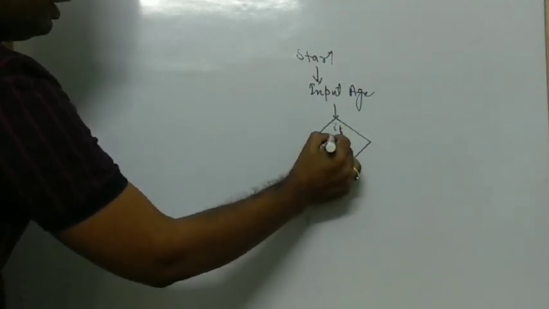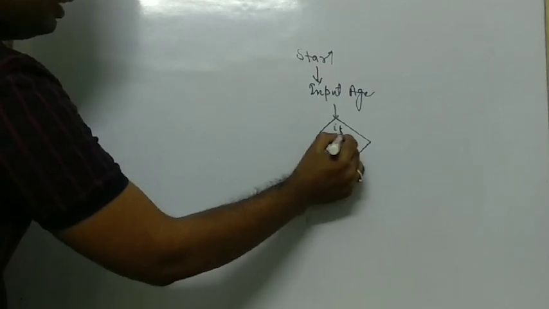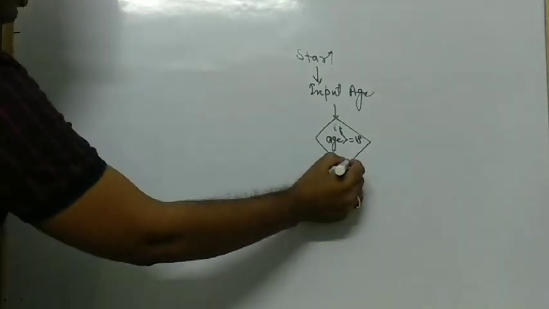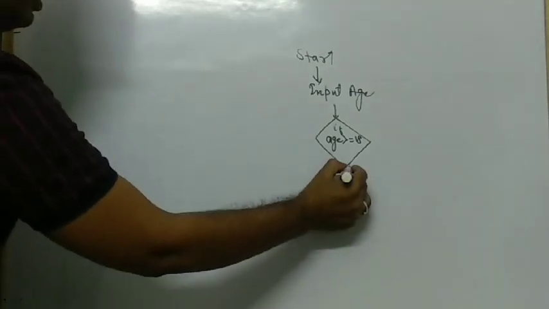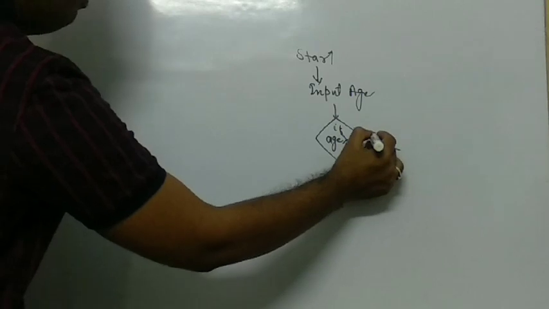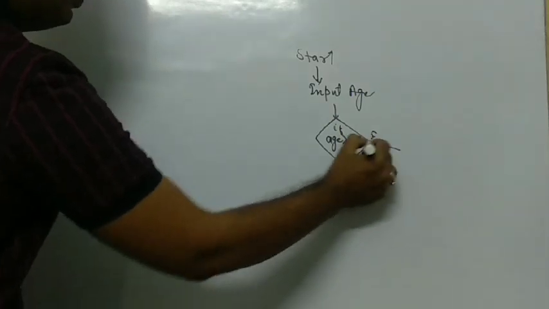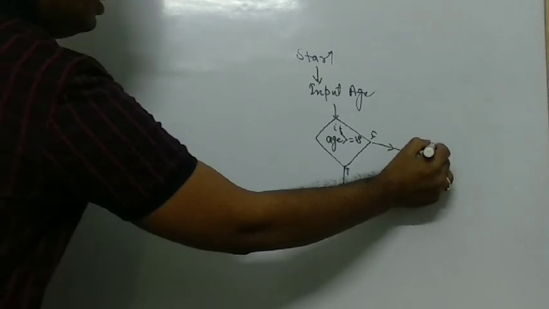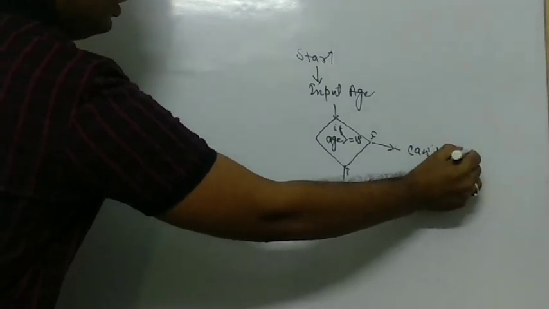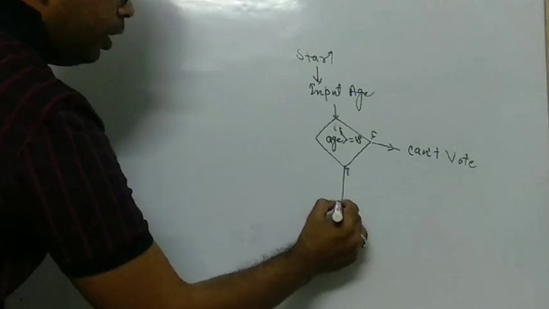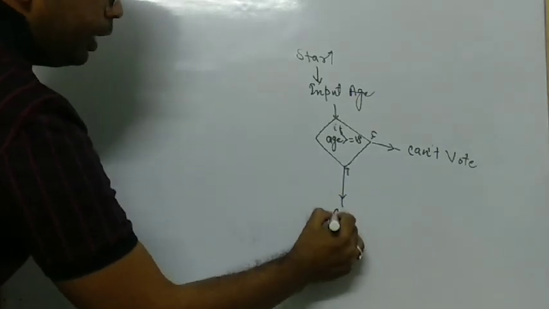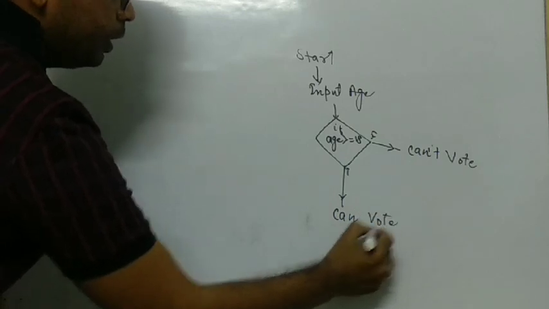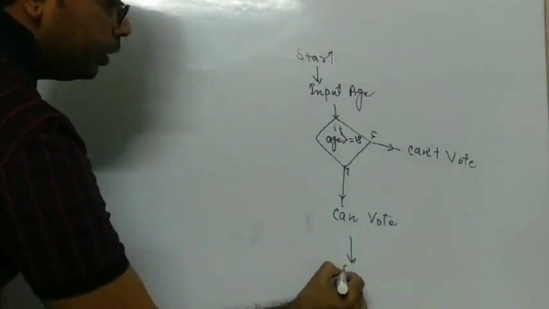If age is greater than or equal to 18, then true and false. If this one is false, then what do we write? Can't vote. Here what do we write? Can vote. And then stop.